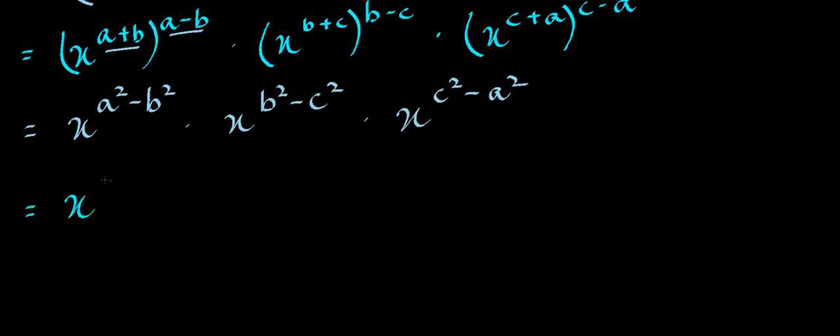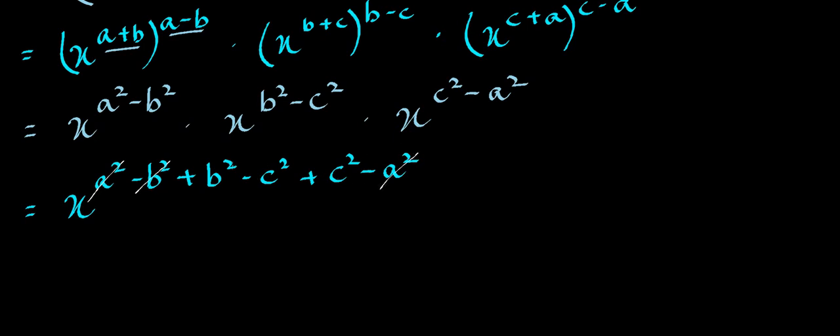So we have x raised to a square minus b square plus b square minus c square plus c square minus a square, that is equal to, let the battle begin, a square and minus a square, minus b square and plus b square, minus c square and plus c square, all have gone and become what?